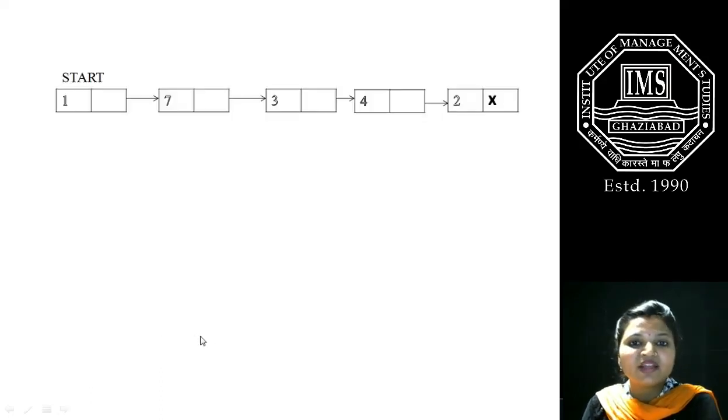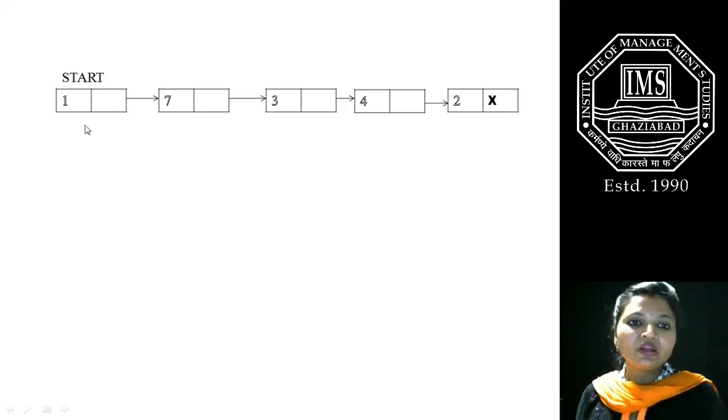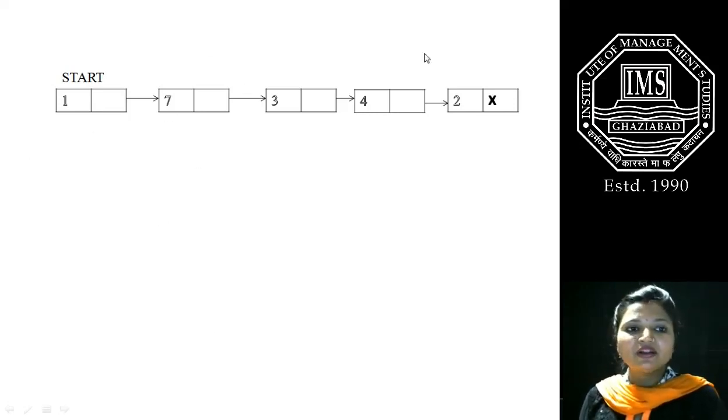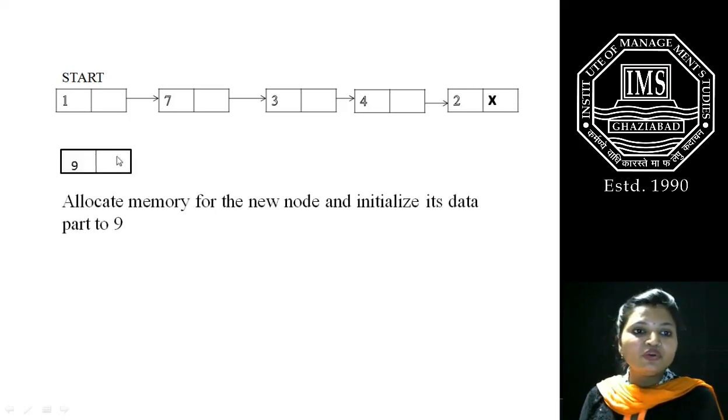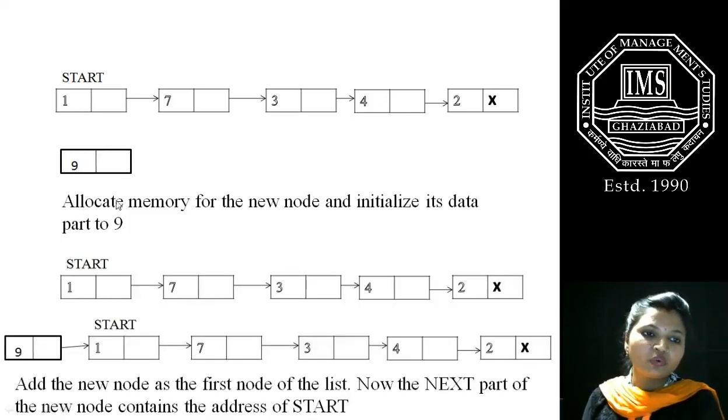So let's understand with the help of an example. Suppose we have this list. Start is containing the address of the first node in the list. We want to insert a new node in this list. We will allocate memory to this new node from avail and assign the value 9 to this node.